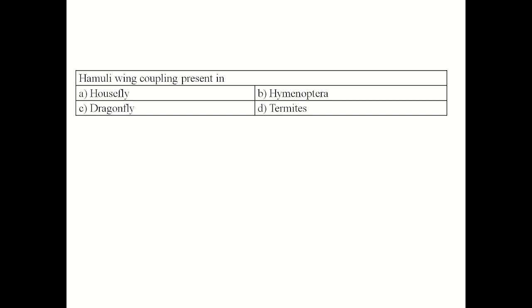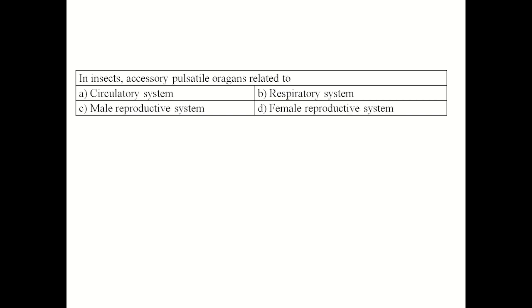Hamulate wing coupling apparatus present in Hymenoptera. In insects, accessory pulsatile organs are related to the circulatory system. It is not the respiratory system, it is the circulatory system.